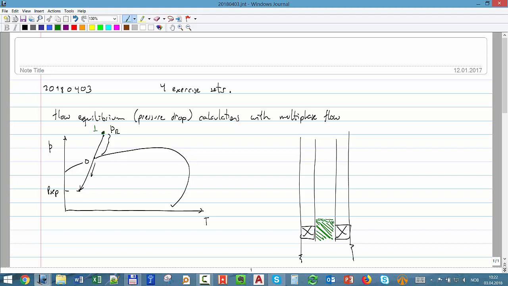And then after I cross that point, you will start having some bubbles of gas. We can put a number: this is 1, that will be 2.